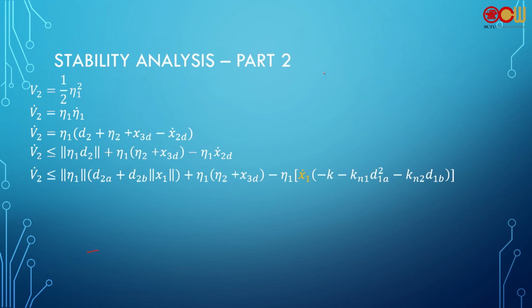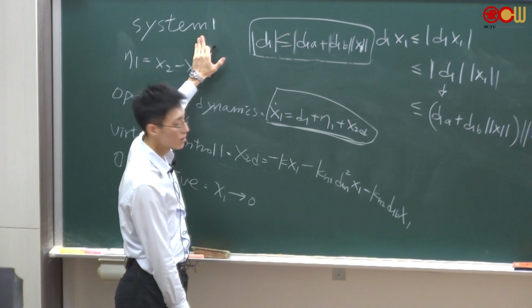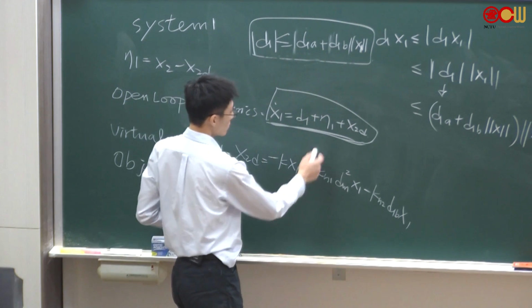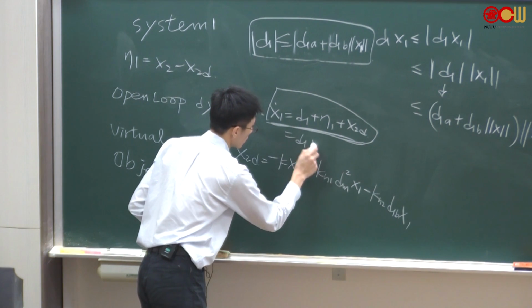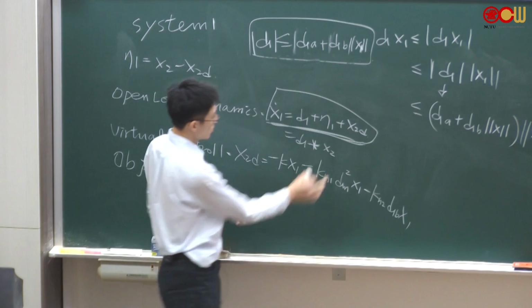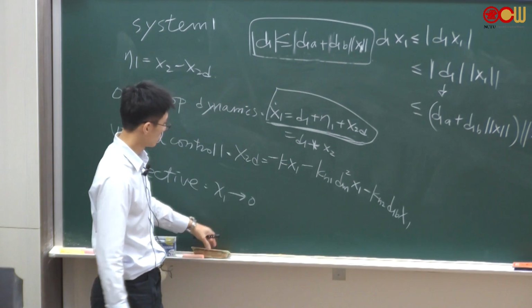We substitute the virtual control. Next, we substitute x1 dot. x1 dot is this, the open loop dynamics of system 1, right? And remember, it is equal to d1 x2. You combine these two, it is d2. You combine these two, it becomes x2.